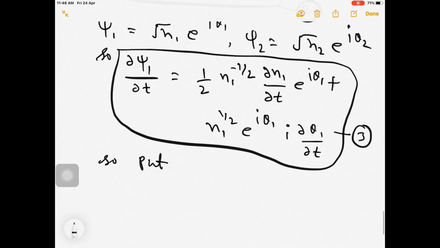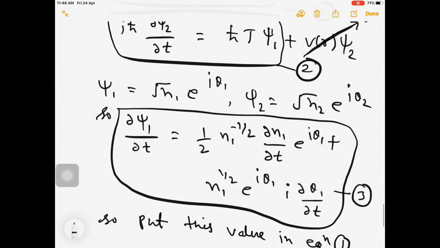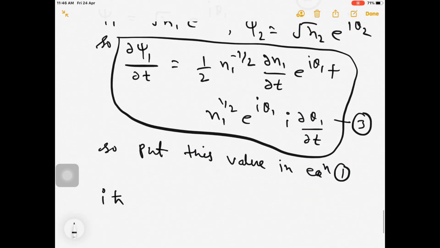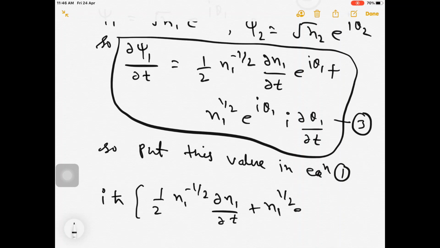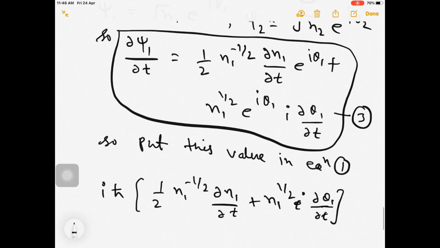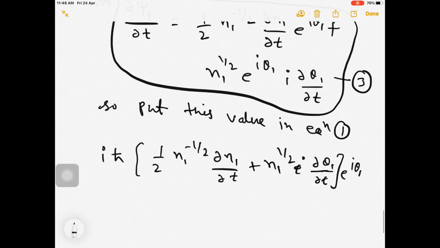So put this value in equation first. What I get is iota h cut times 1 by 2 n1 to the power minus half del n1 upon del t plus n1 to the power half iota del theta 1 by del t, taking common exponential iota theta 1, equals h cut T psi 2.